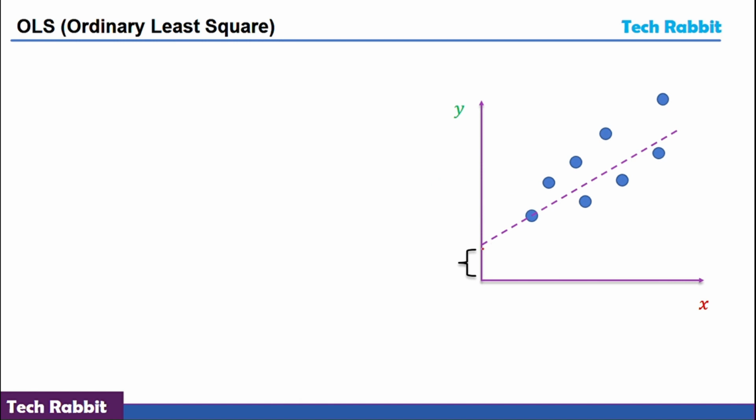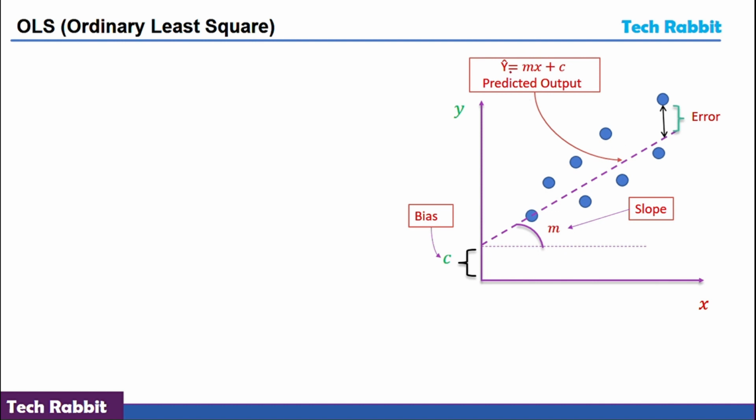The point where the line cuts the y-axis we will call the bias and denote it as C. And this relationship line, that is the regression line, which makes an angle with respect to the input variable, we will call M or slope. And this is the error, which gives the difference between the actual value and the predicted value.